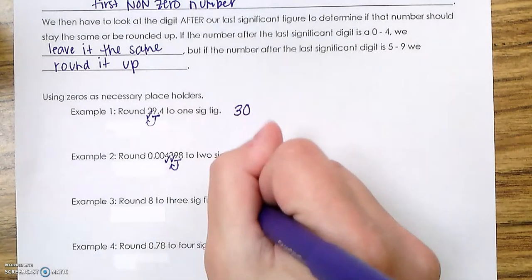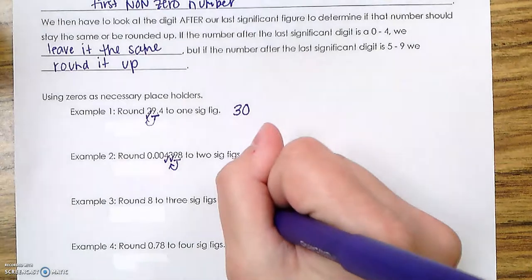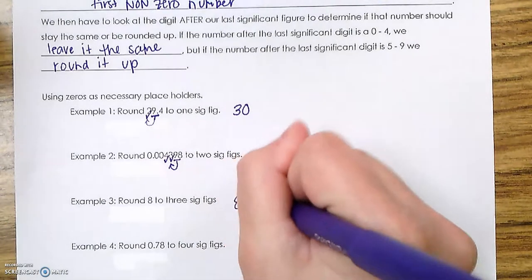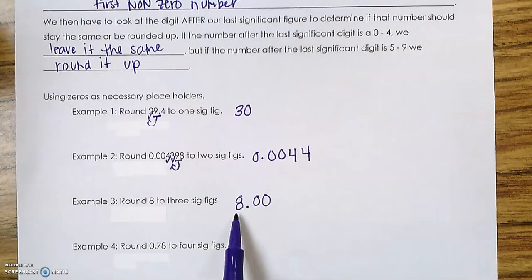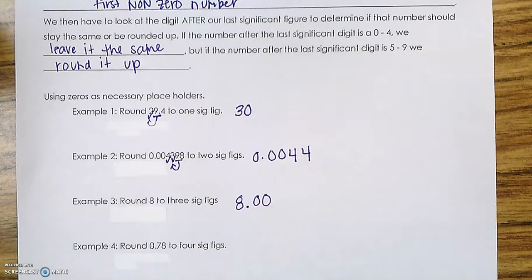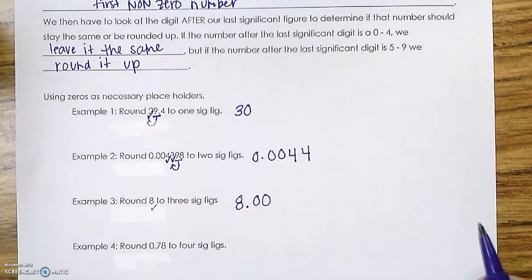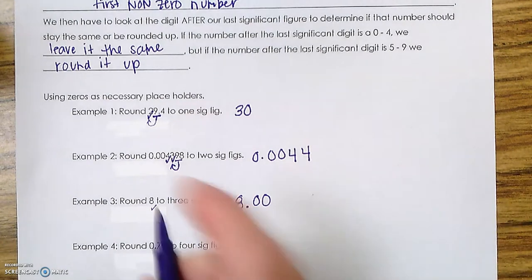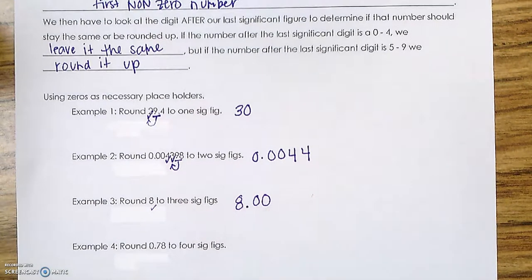So I have my 8. I'm going to put a decimal and put 2 more zeros. So now I have 1, 2, 3 sig figs. When I first went, I only had 1, but I needed 2 more to get 3. This decimal and 2 zeros makes them significant.